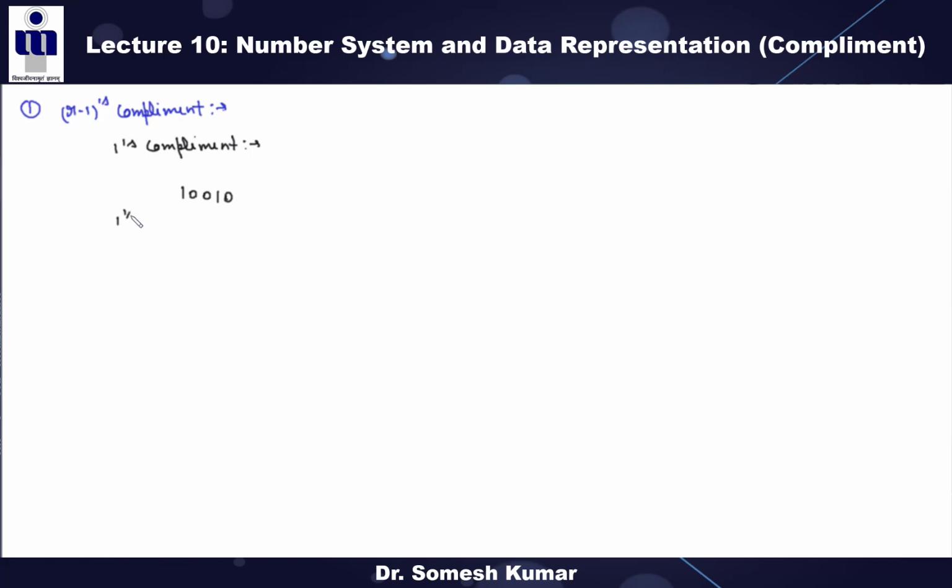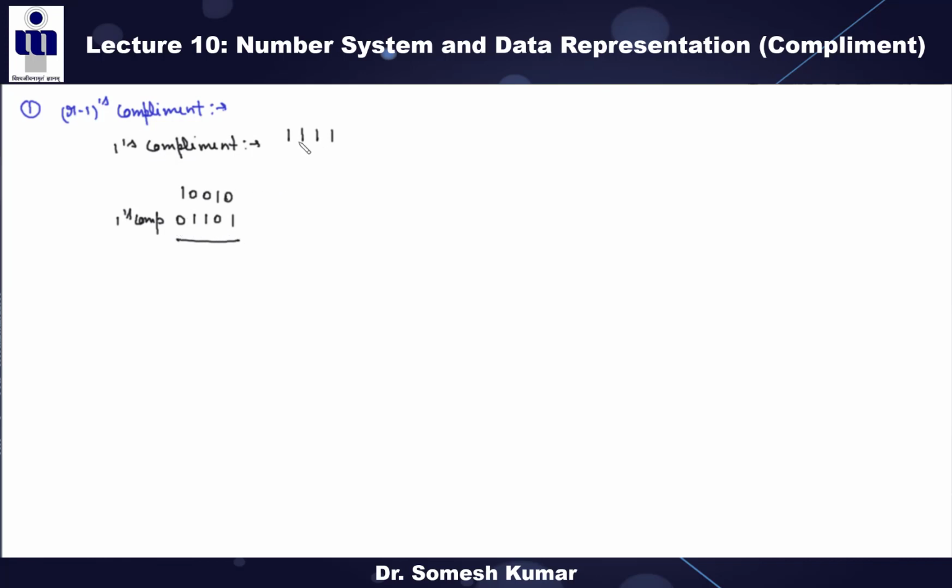So the 1s complement is basically 0 1 1 0 1. But the method to find this 1s complement is that you have to take the maximum number of that particular base. The binary number given has how many bits? 5 bits.